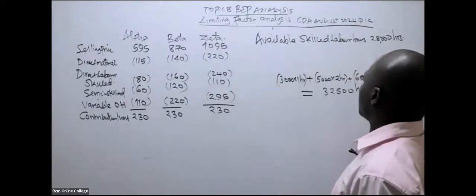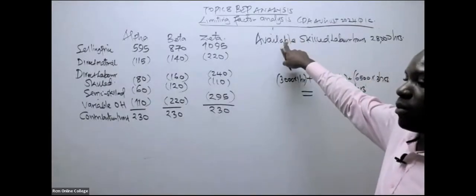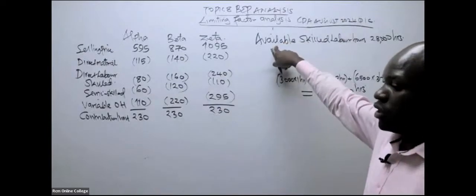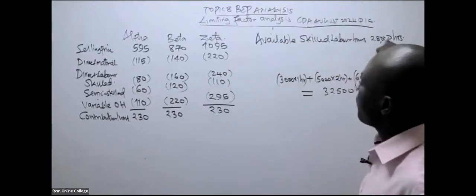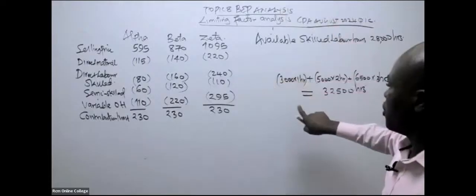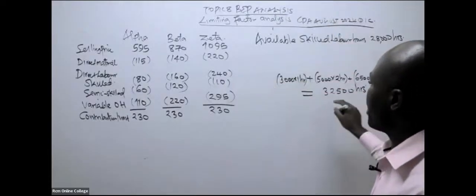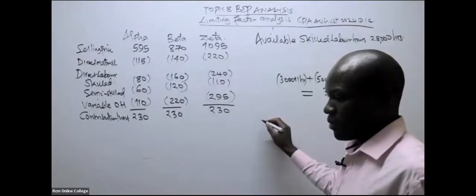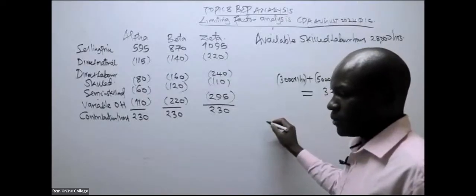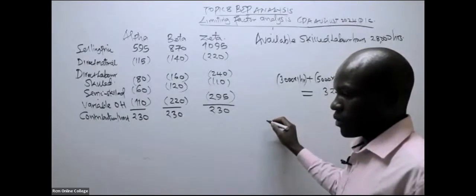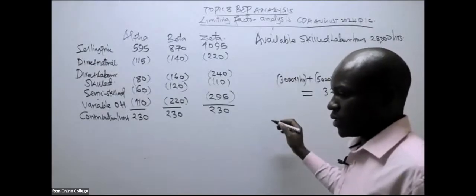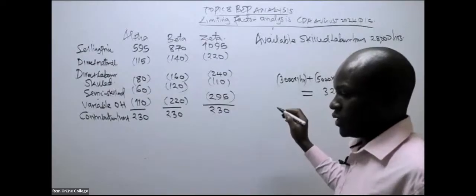32,500 hours. So if what the company can pay for is 28,000 hours, and to fulfill what is demanded you need 32,500 hours, do we have a surplus or a deficit? We have a deficit.